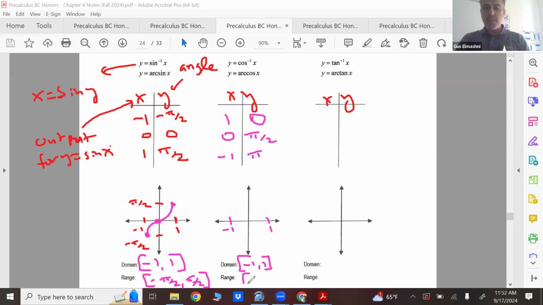And my range is going to run from 0 to pi. It's going to look like this. Of course, the middle one's pi over 2. I'll try to sneak that in there. So it's going to look like this.